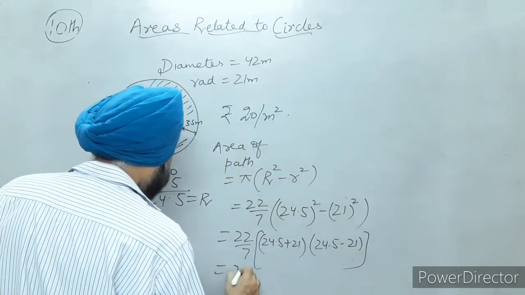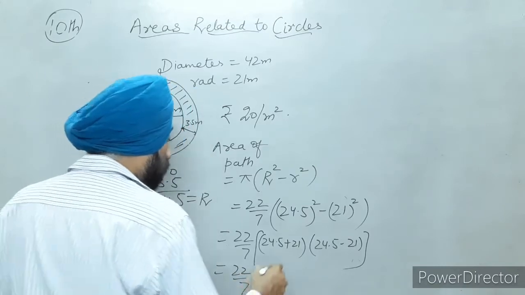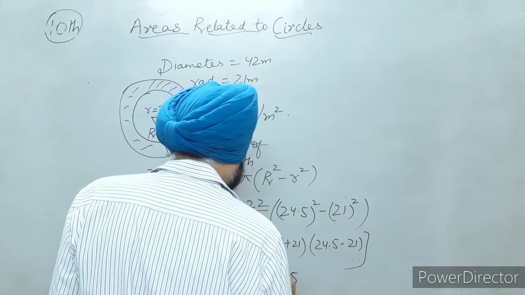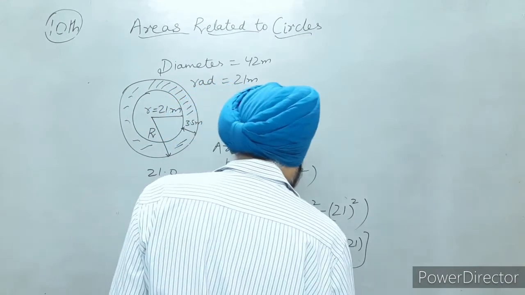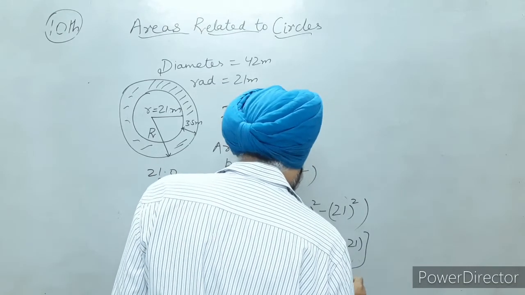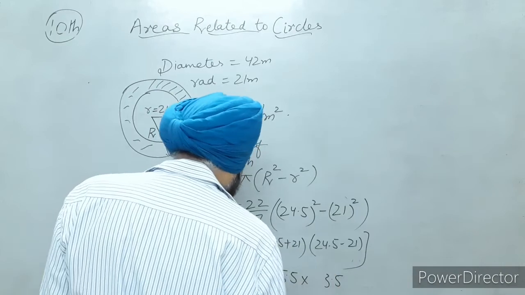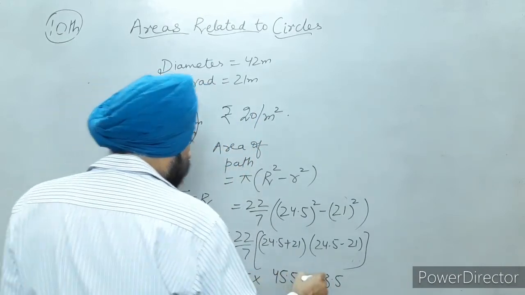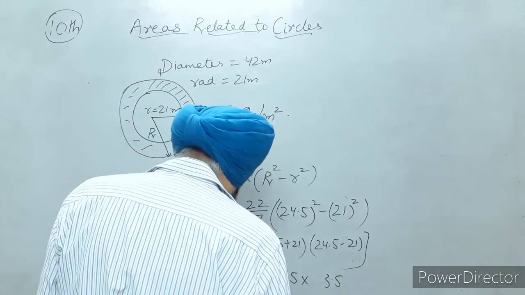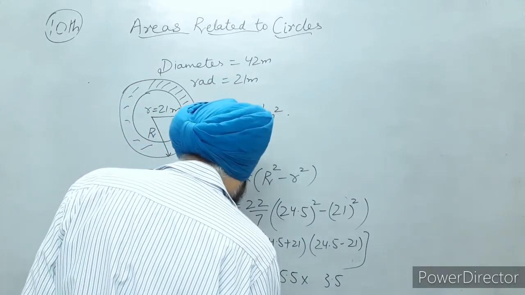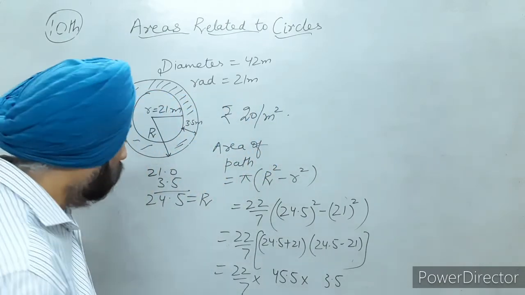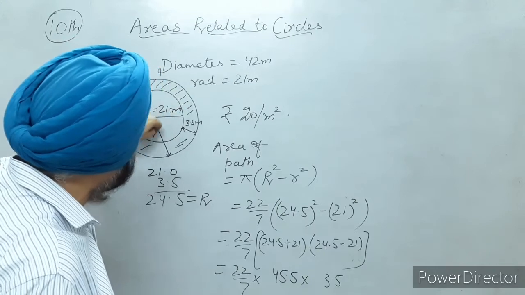This becomes 22 by 7 multiplied by 45.5 multiplied by 3.5. Now we can solve this by just cutting out the things. So we will get the answer as 500.5 meters square. This is the area of this shaded portion, the area of the path.